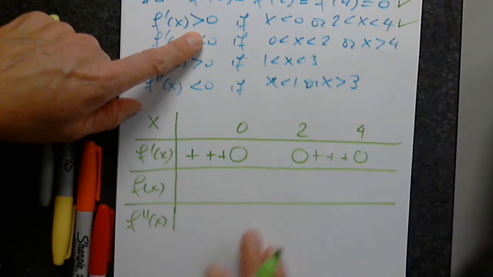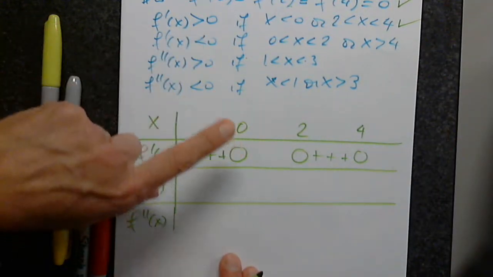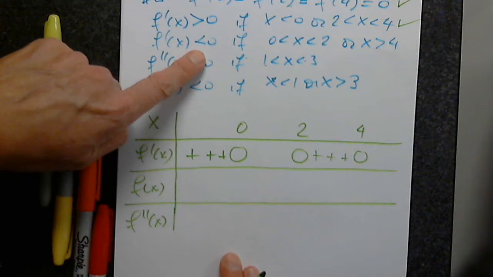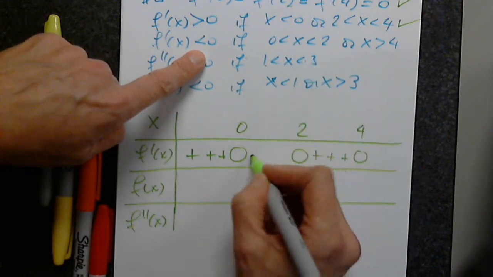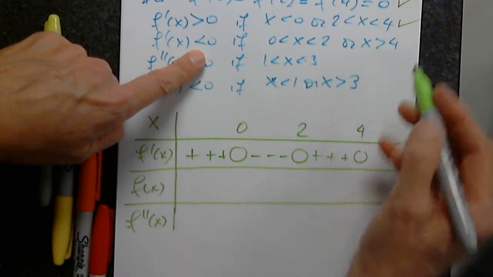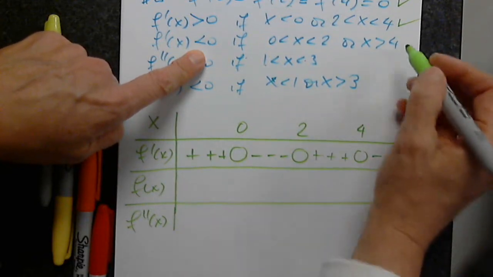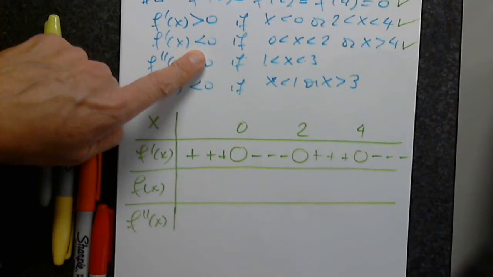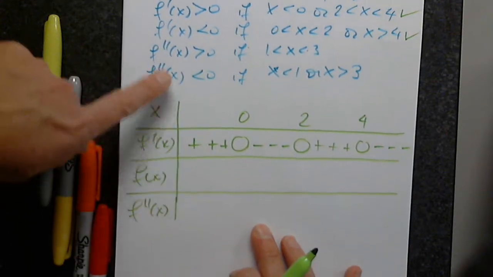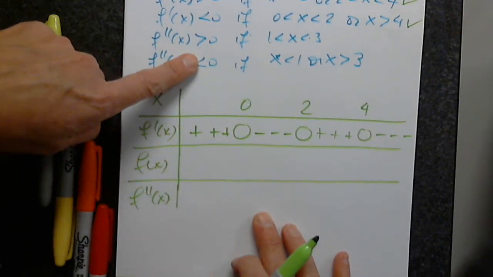I'm done with this. Then it says the first derivative is negative between 0 and 2 or to the right of 4. Done with that. The second derivative is positive.